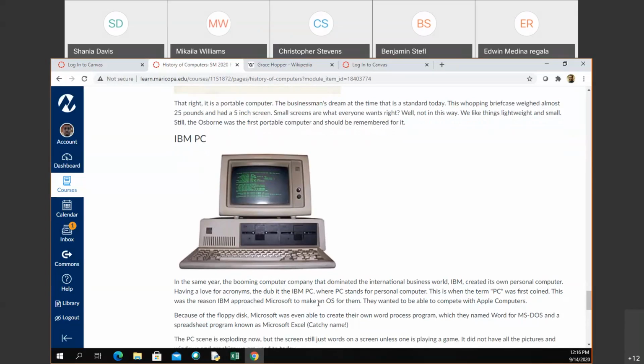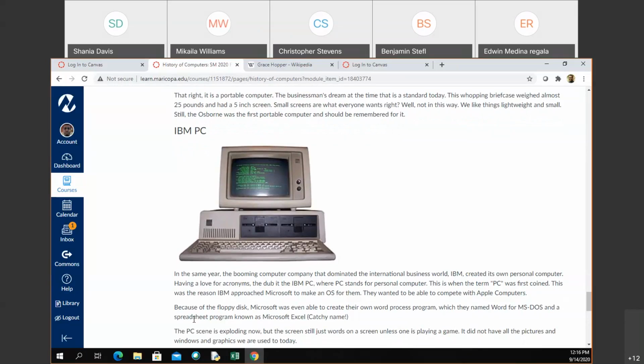But Microsoft, just like Apple, with the whole idea of having the floppy disk, they created their own word processing program and a spreadsheet program. So their word processing program, they called it Word for MS-DOS. That name sounds kind of boring. And then they called the spreadsheet Microsoft Excel. That sounds like a pretty good name.